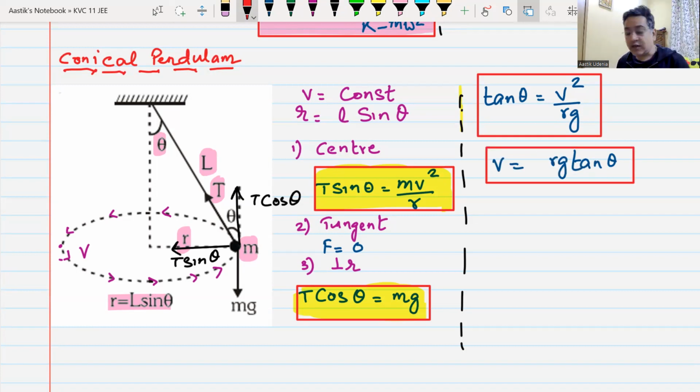Now, once you know the speed, you can also calculate angular velocity. How will you calculate angular velocity omega? Does anyone remember?